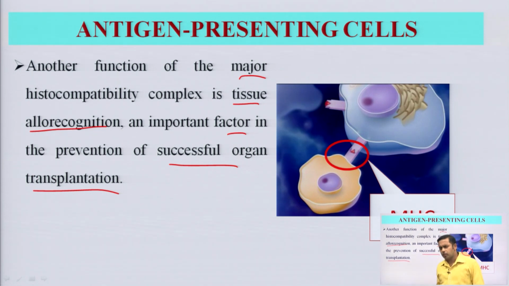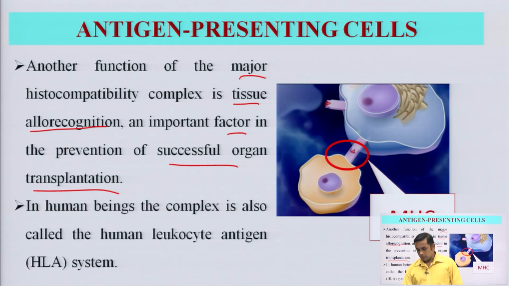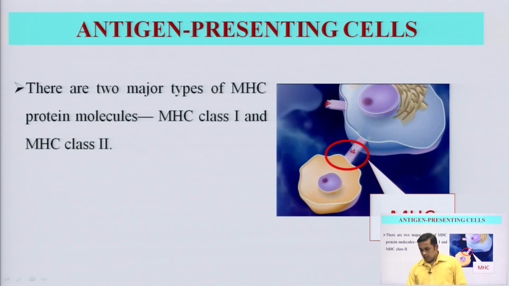If organ transplantation happens in future, you will observe that from heart, from liver, every organ we can transplant, because of the advancement of 3D printing organ technology. So, that is why the antigen presenting cell will again come into the picture. In human beings, this complex is also called the human leukocyte antigen system, the HLA system.